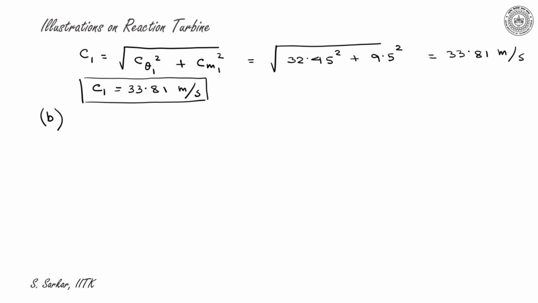Let me put the value. Tan inverse, Cm1 is equal to 9.5, C theta 1 I have calculated as 32.45, and U is equal to 31.52.